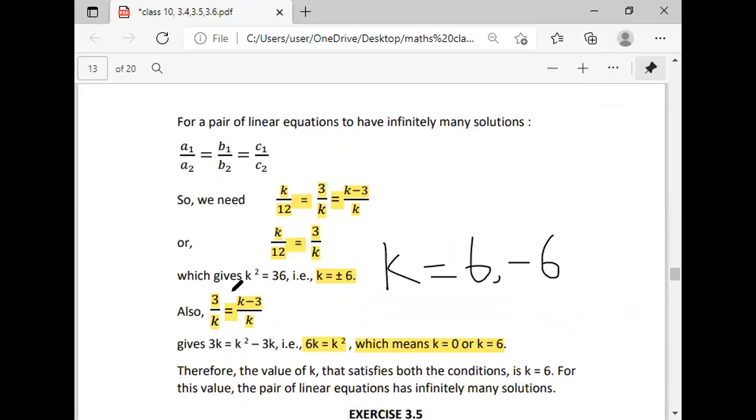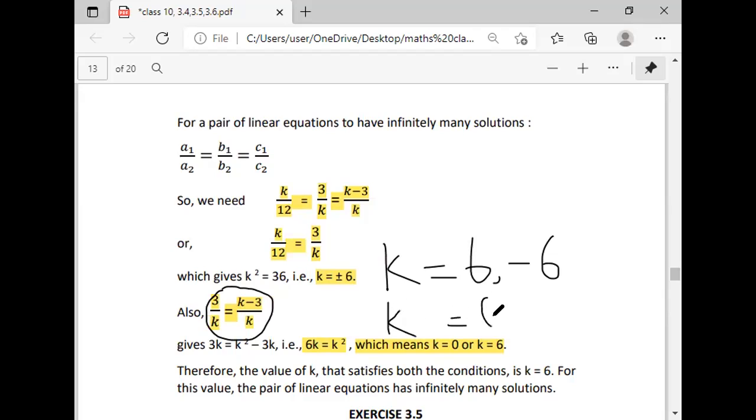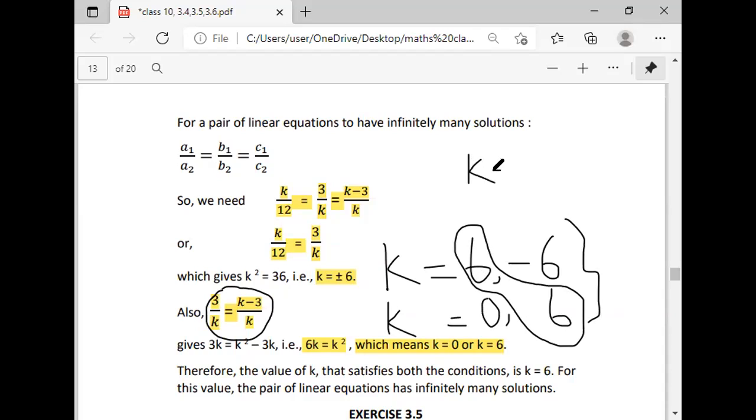When we solved using the second information, K should be either 0 or 6. But when we compare both, we can see that the value of K should be 6. If so, we can say that the pair of linear equations has infinitely many solutions.